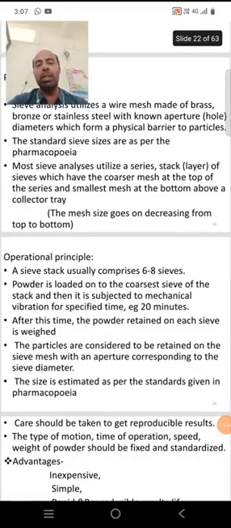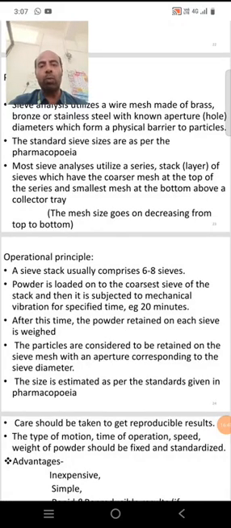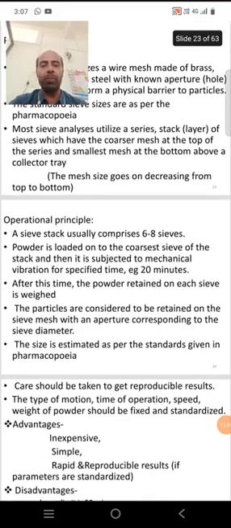Operational principle is the most important thing. A sieve stack usually comprises 6 to 8 sieves. Powder is loaded onto the coarsest sieve on the stack and then it is subjected to mechanical vibration for a specified time, example 20 minutes. After this time, the powder retained on each sieve is weighed.